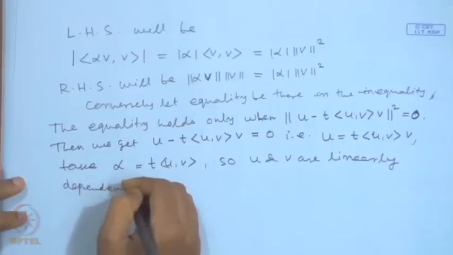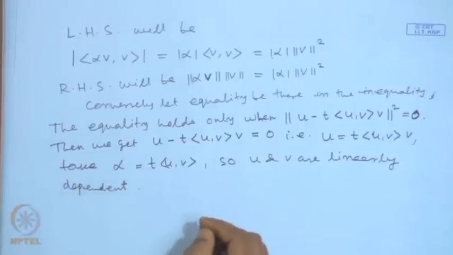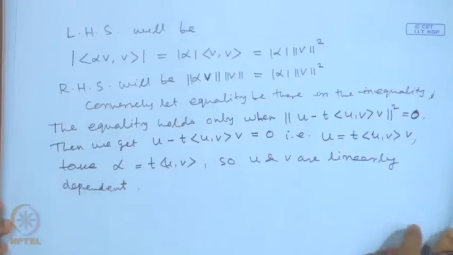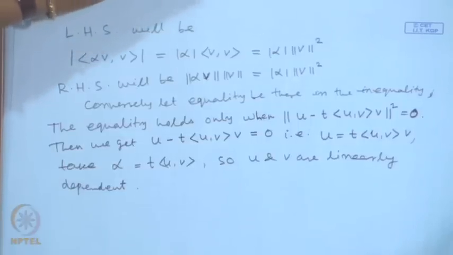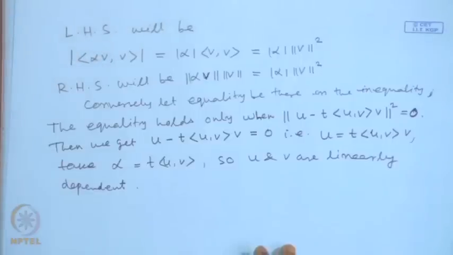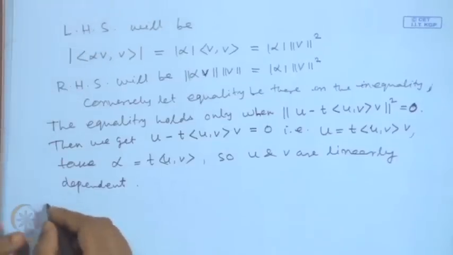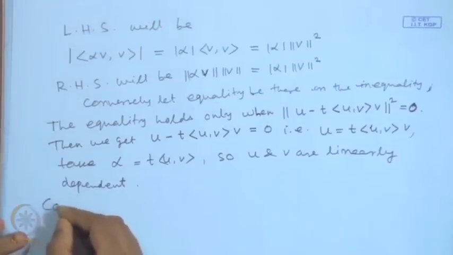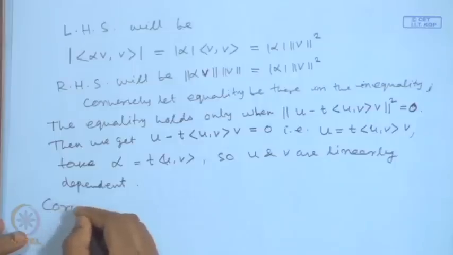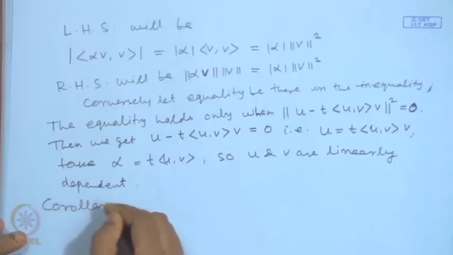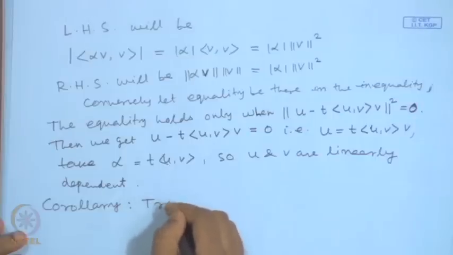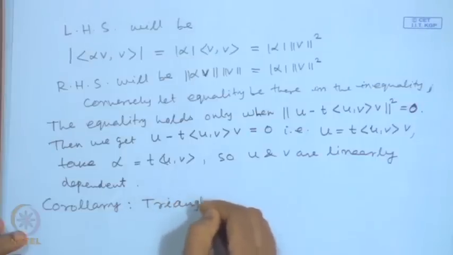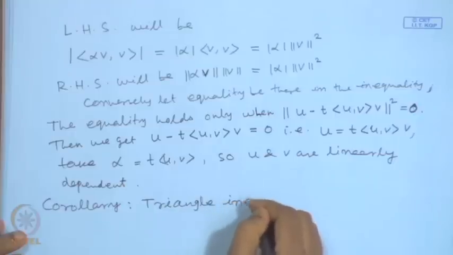Next, we shall see some consequences of this Cauchy-Schwarz inequality, and one important consequence that we get is the triangle inequality. That we will write as a corollary, and this is the triangle inequality.